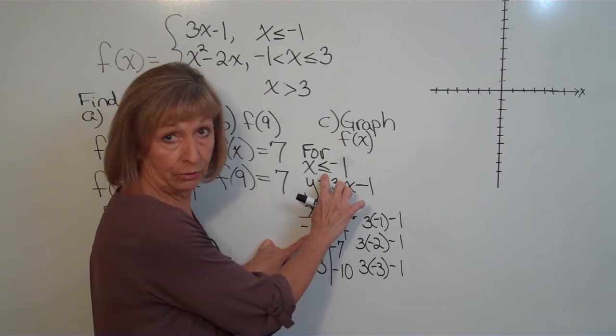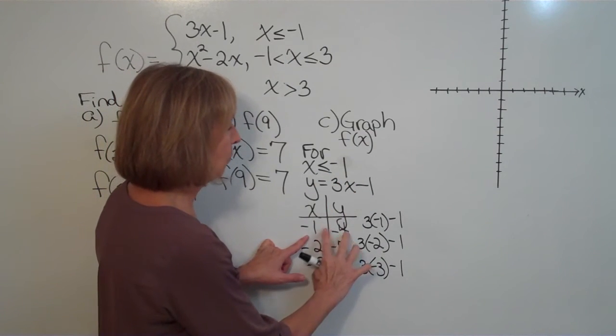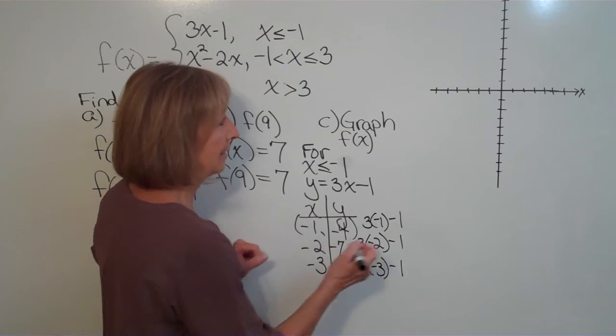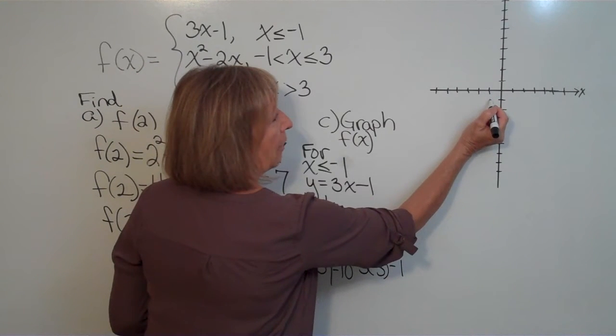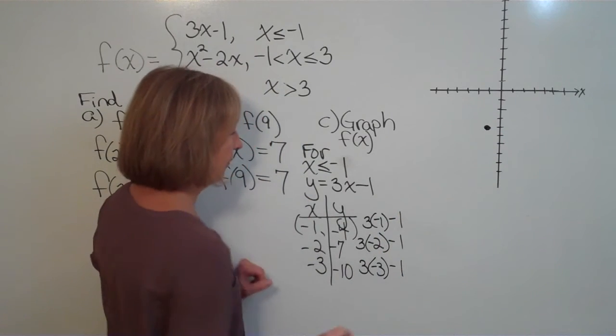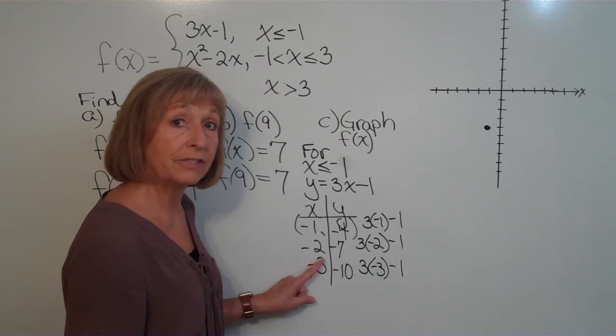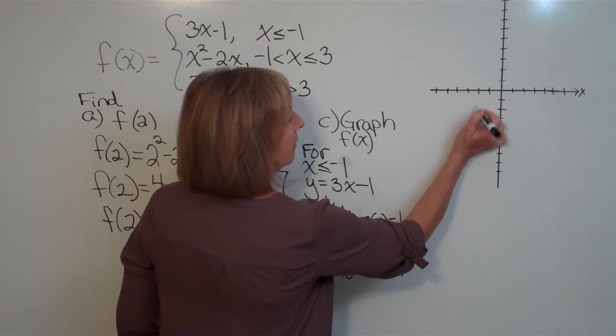So let's graph these points. This had the or equal to, so I'm going to put the dot at -1 comma -4. That's your ordered pair from the table. So left 1, down 4 is here. Then -2, -7, so I'm going to go left 2, down 7.